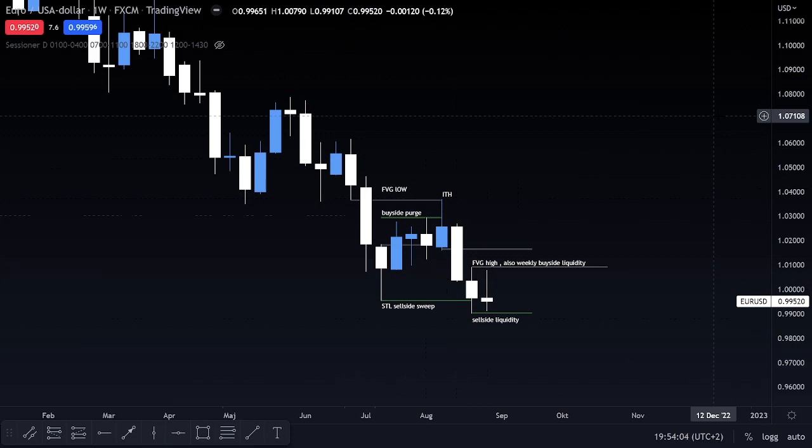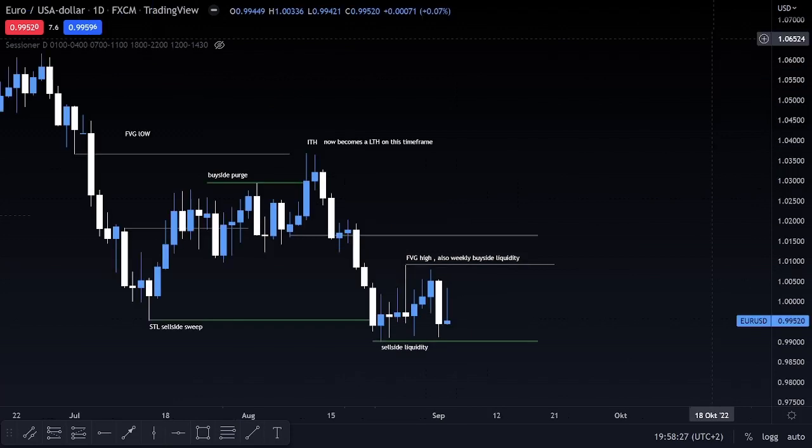But how can we use that on the lower time frames? Well, let's dig into the daily time frame. Alright, so we are looking at the daily time frame here, and these are the lines or levels we have identified from the weekly time frame.